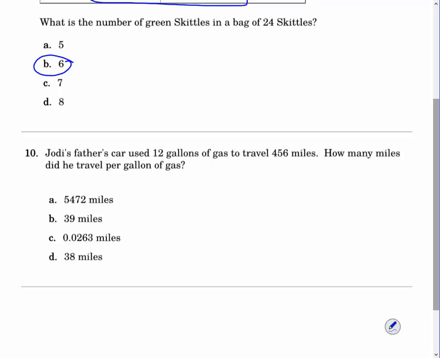Jody's father's car used 12 gallons of gas to travel 456 miles. How many miles did he travel per gallon of gas? Well, you definitely couldn't ask somebody who owns their own car this question and have them answer A, because if you have that car, wow, that'd be great. That is totally unrealistic. And if you have C, I'd get rid of that car. So you've got to really kind of, for common sense purposes, narrow down to choices B and D. So we want to find out how many miles per gallon, right?